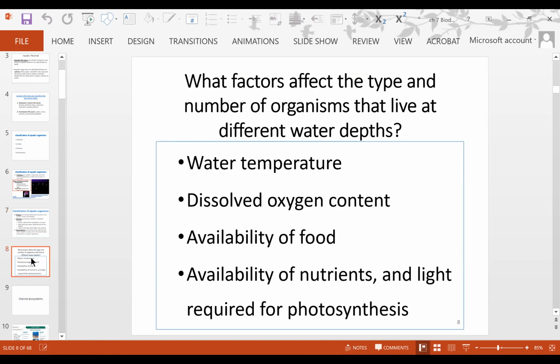So what factors affect the type and number of organisms that live at different water depths? We have water temperature, dissolved oxygen content, the availability of food, the availability of nutrients, and light required for photosynthesis.